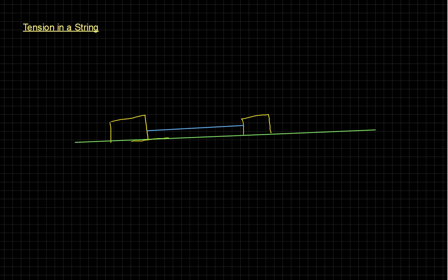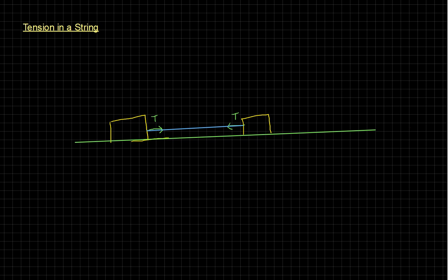So whenever you see a string, you're going to usually annotate it with a tension force, and it's going to come from both ends separately. So you'll have a tension force here, which is T, and another tension force here, which is T. And we label them both as T because they're going to be the same magnitude of force. They just act in opposite directions. Okay, so that's how tension acts on a string.